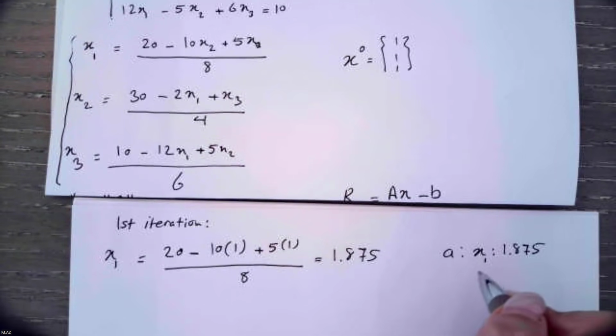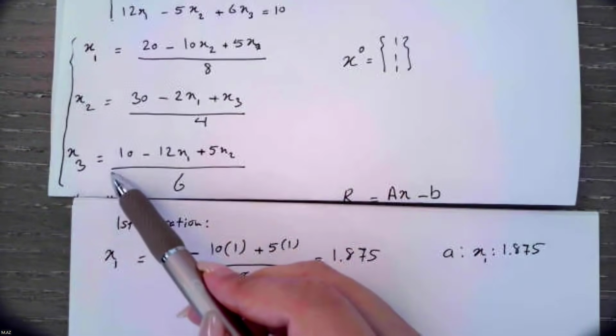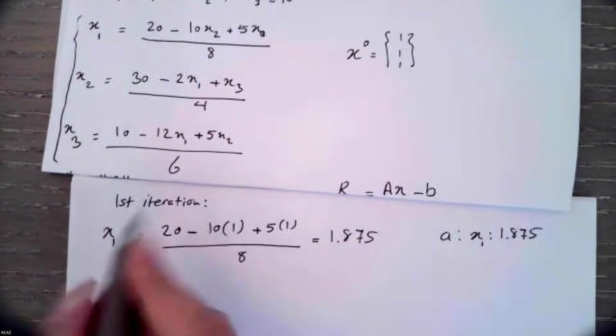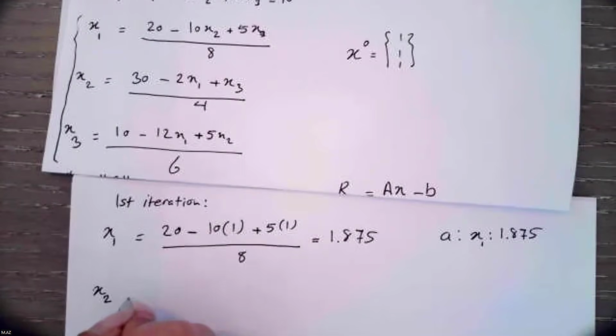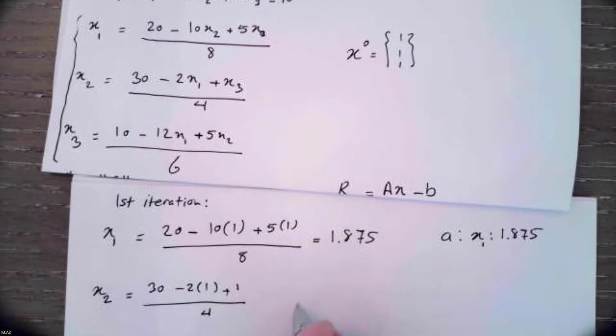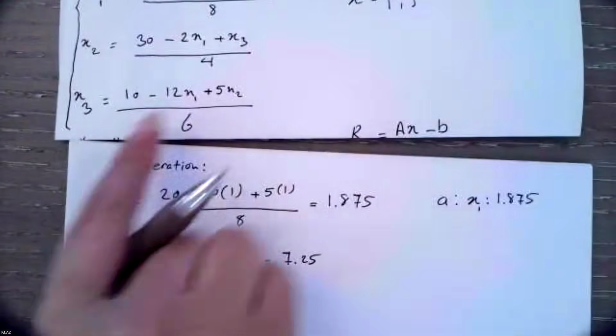For finding the residuals, we have to find the value of the x2 and x3 for the first iteration. The value of the x2 for the first iteration of the Jacobi is 7.25, and this is about the x of 3.